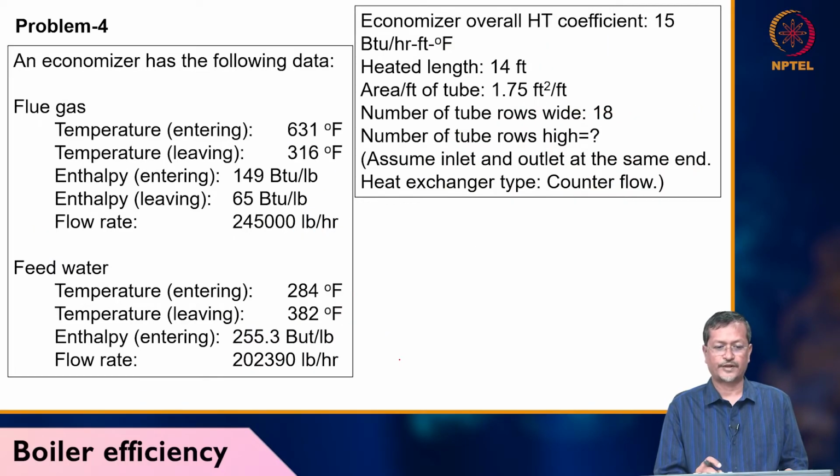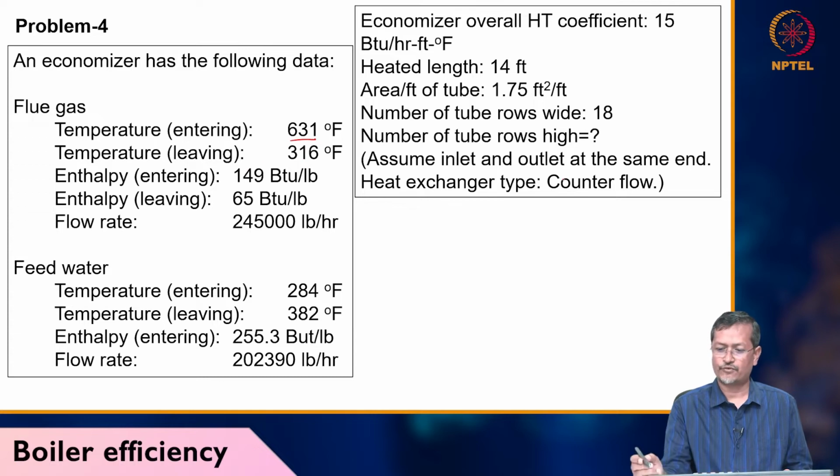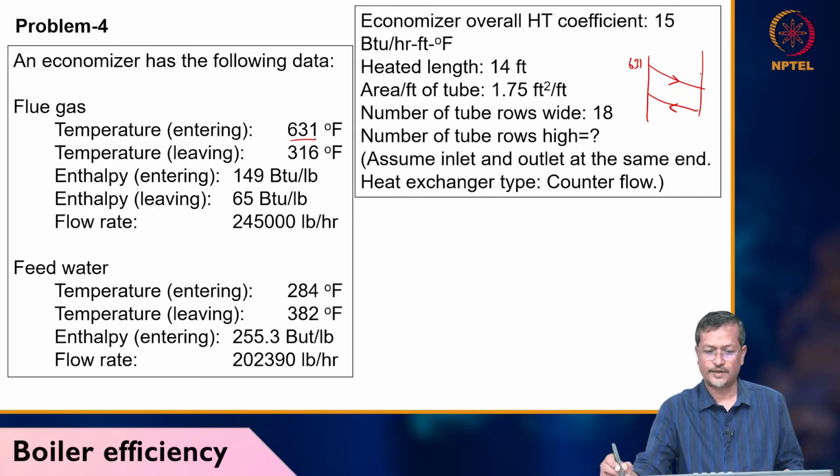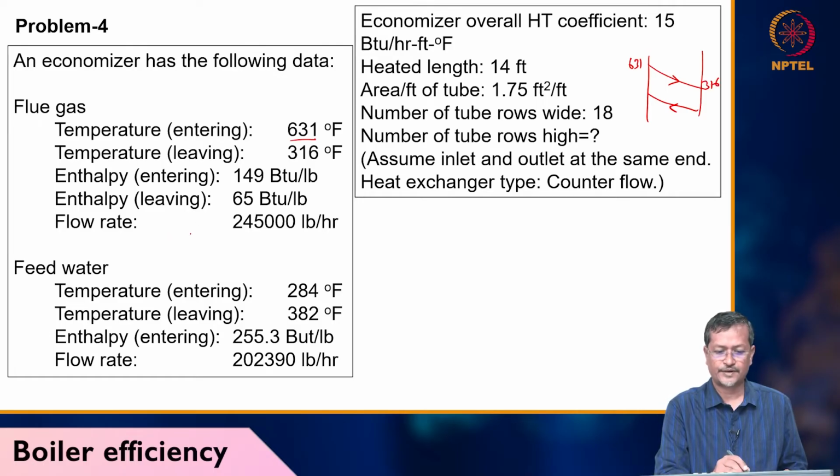Another problem on economizer. An economizer has the following data: flue gas temperature entering 631, and it is actually a counterflow heat exchanger. So first I have to draw a counterflow thing. Flue gas temperature entering 631, because flue gas temperature will be higher than water temperature, and leaving 316, and enthalpy entering 149 BTU per LB, H1, T1.